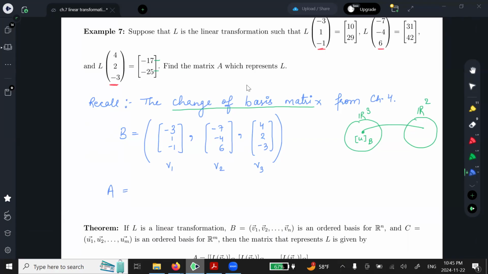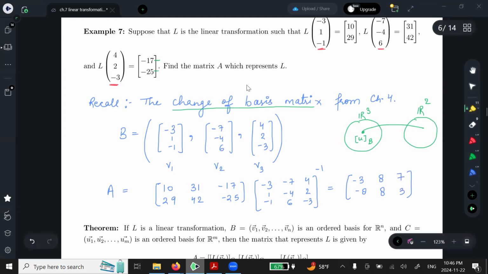You combine these vectors, find its inverse, and multiply the image, which is represented with respect to the coordinate basis B, by the inverse: -3, 1, -1, you get -7, -4, 6, 4, 2, -3, inverse, and that would be the matrix of your linear transformation. 3, 8, 8, 8, 7, 3.